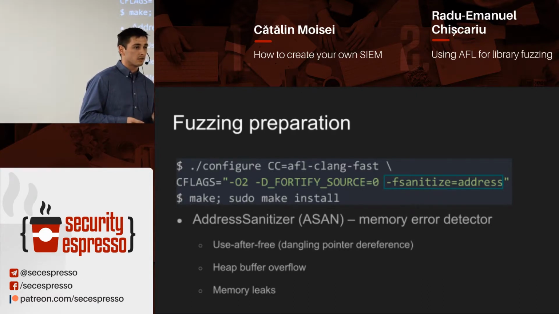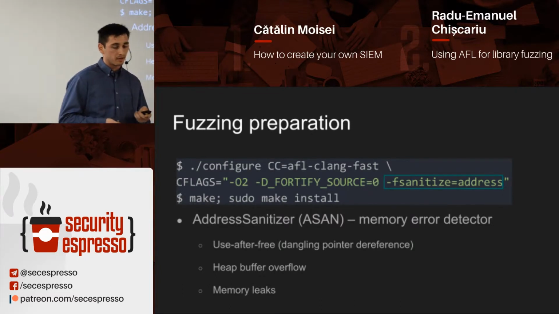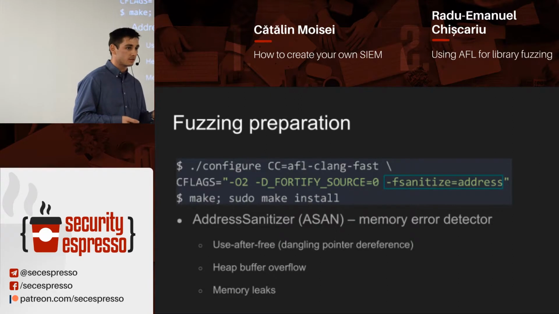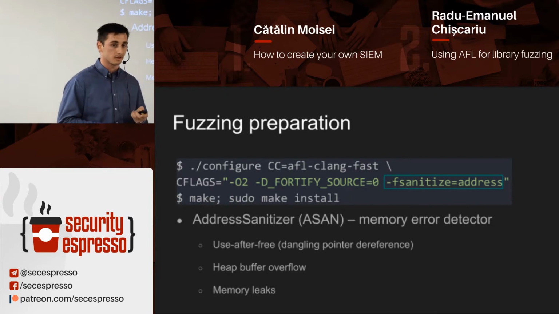The white paper of AddressSanitizer states that during their tests, they saw that adding this supplementary layer of instrumentation makes the application run 2 times slower. But we want to do that because we want to find also this kind of corner cases.